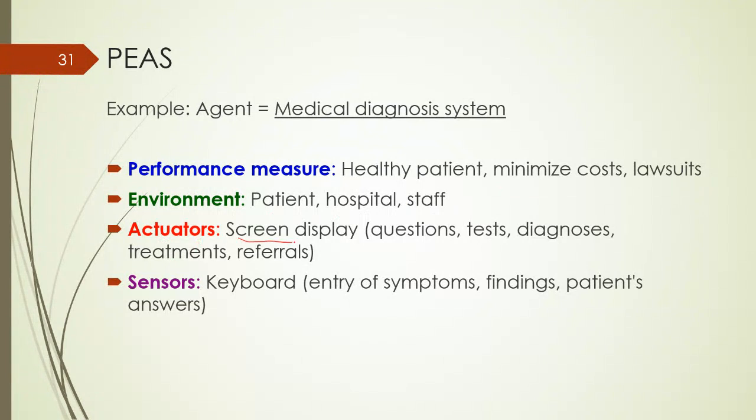Actuators are the screen display, which tells or answers the questions and tells the results, shows the images and diagnosis, and interacts with the patient or with the doctor. And sensors are things like the keyboard. You enter symptoms, findings, patient information and answers, and it can give advice based on that. So if I'm going to design an AI system to help doctors or patients, these would be the basic PEAS parameters.